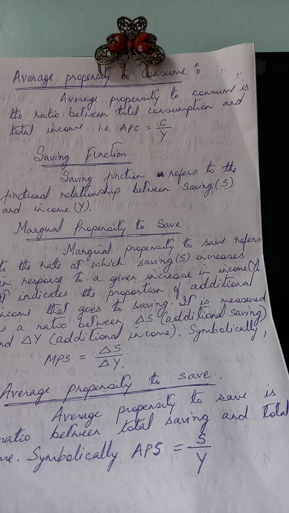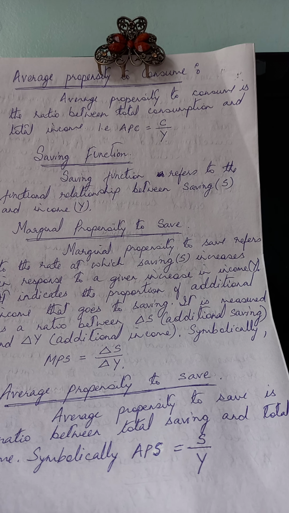In simple words, like what we talked about earlier with the consumption function and the marginal propensity to consume, if income keeps on increasing, the consumption level will also increase. The same thing happens to saving. If income keeps on increasing, the level of saving of a person will also increase.